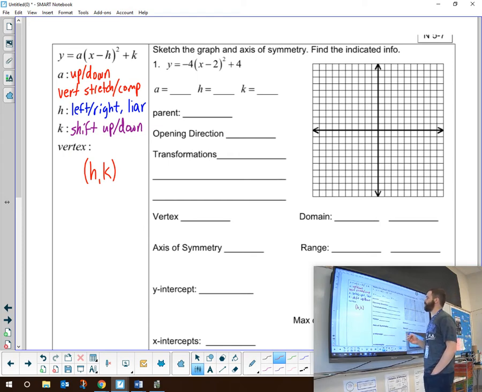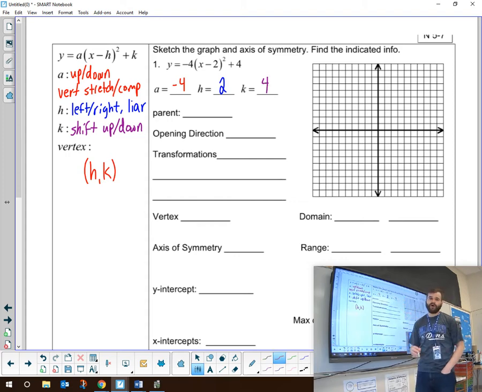So let's take a look here at number 1. My a value is negative 4. My h is actually going to be positive 2, because it's opposite of what's inside the equation. It's a liar. My k is going to be 4.